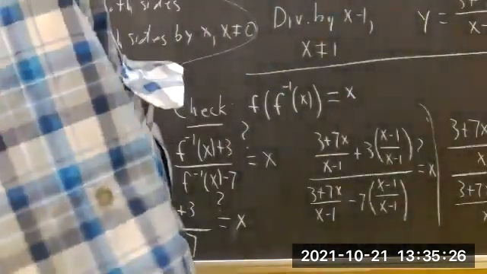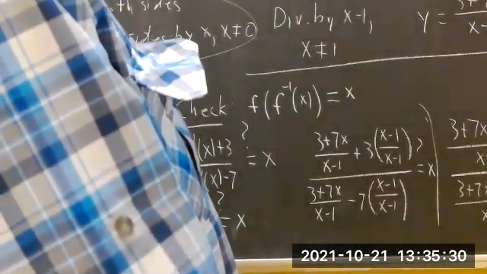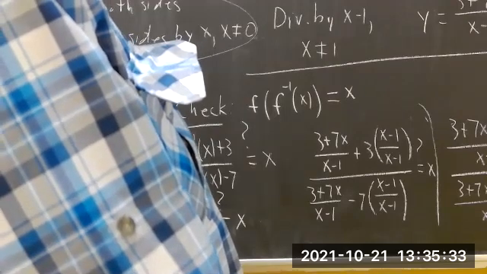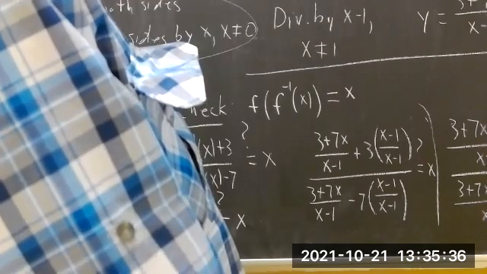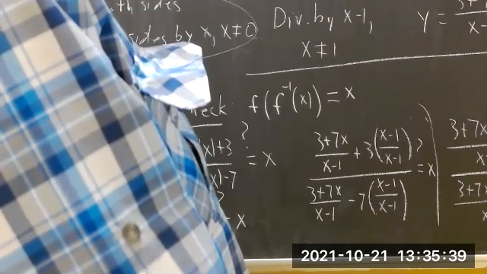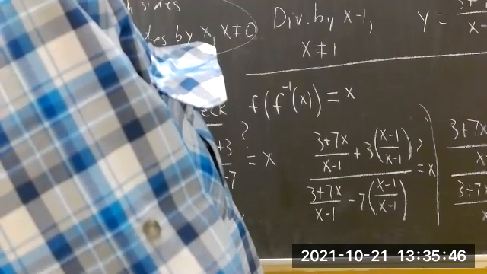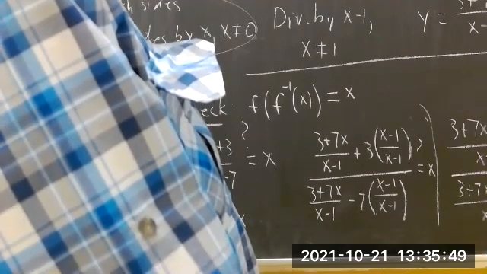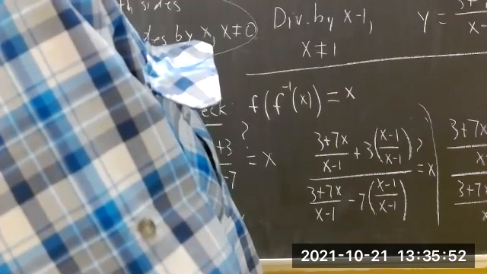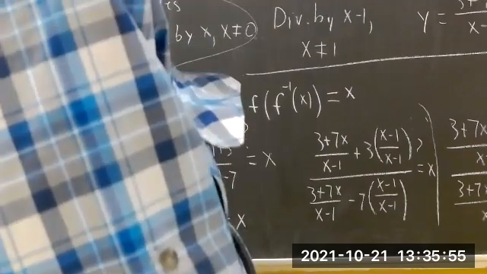And in the denominator, we have 3 plus 7x minus 7x plus 7 over x minus 1. It seems to be working out.